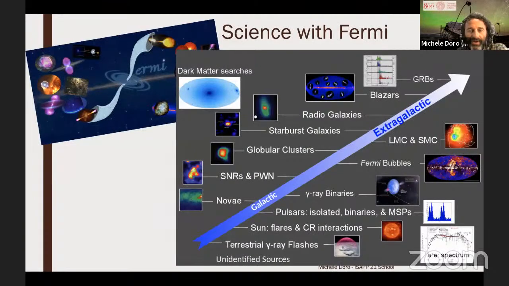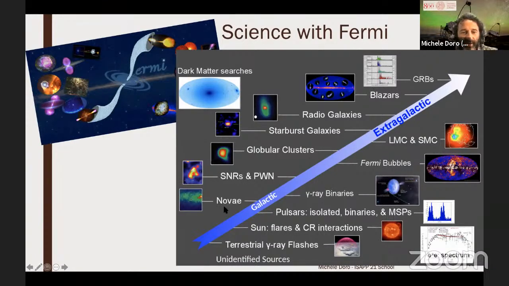Now, what I want to tell you about Fermi, I want to spend a few minutes to say one thing. Well, we saw past week that now with gamma rays, what we can do is a lot of science. We saw how many sources Fermi detects, and here is a list from galactic to extragalactic of the number of topics that we can study.